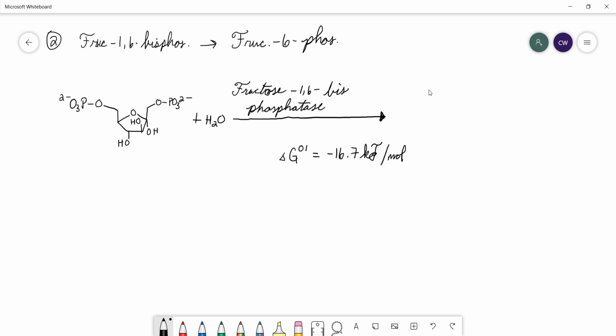All right. So what we get out of this is our monophosphate fructose. And again, even though I'm not drawing the bold lines, these are the Haworth projections.